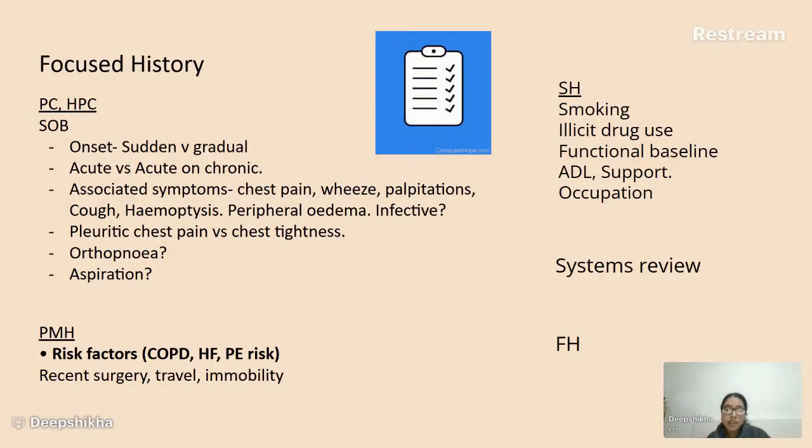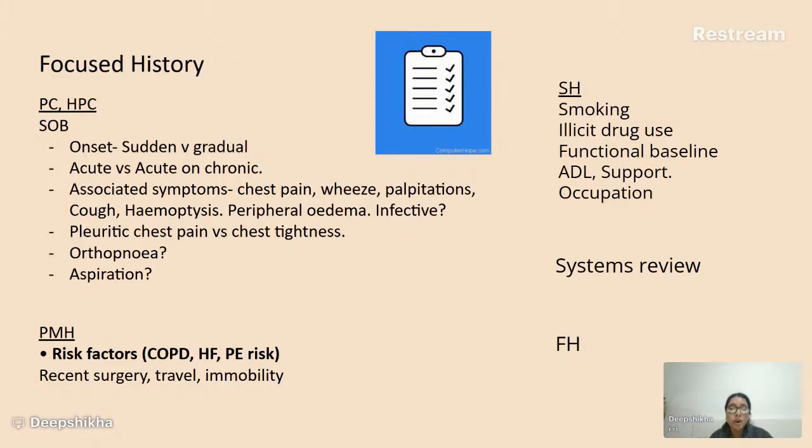When they say chest pain, it's a good idea to ask them specifically, are you having pain when you take a deep breath in, or is it more chest tightness? Because a lot of the time in COPD and asthma, patients will say their chest feels very tight. They won't say they've got pain on breathing in, or they might actually say that, but most commonly they'll say, oh my god, my chest feels quite tight.